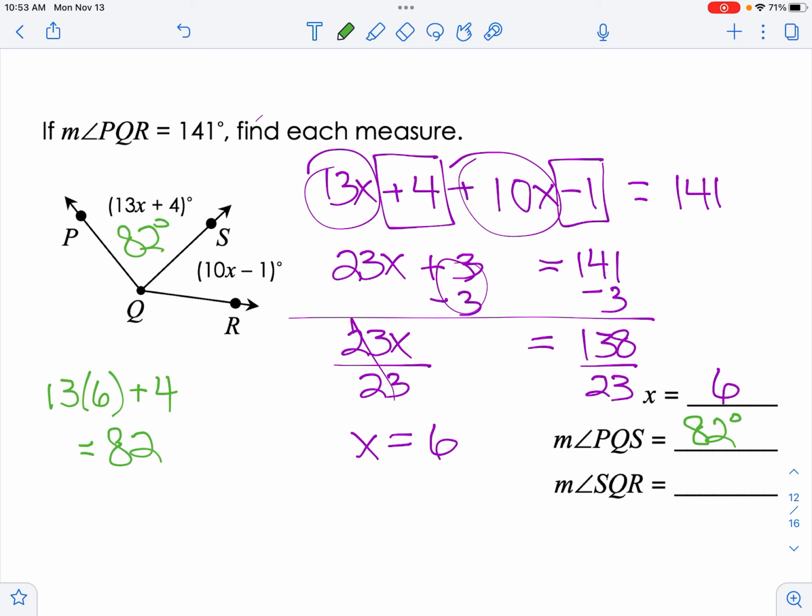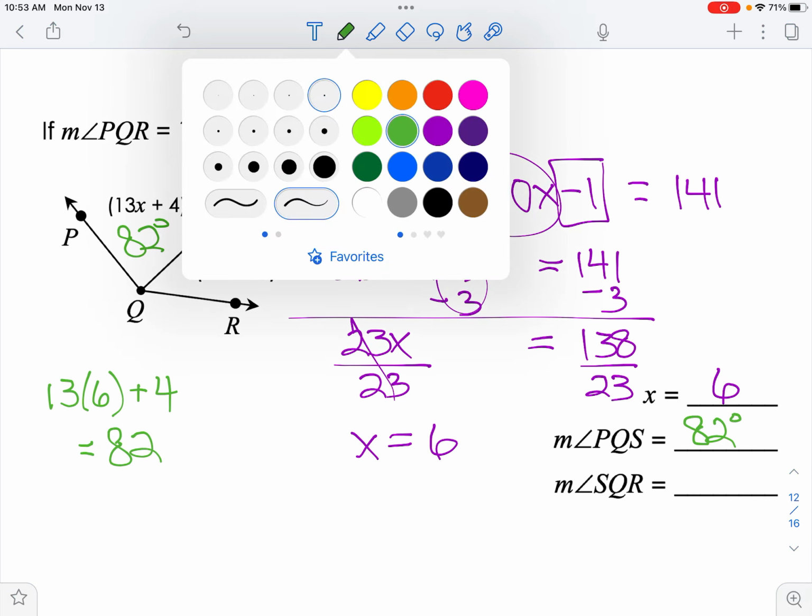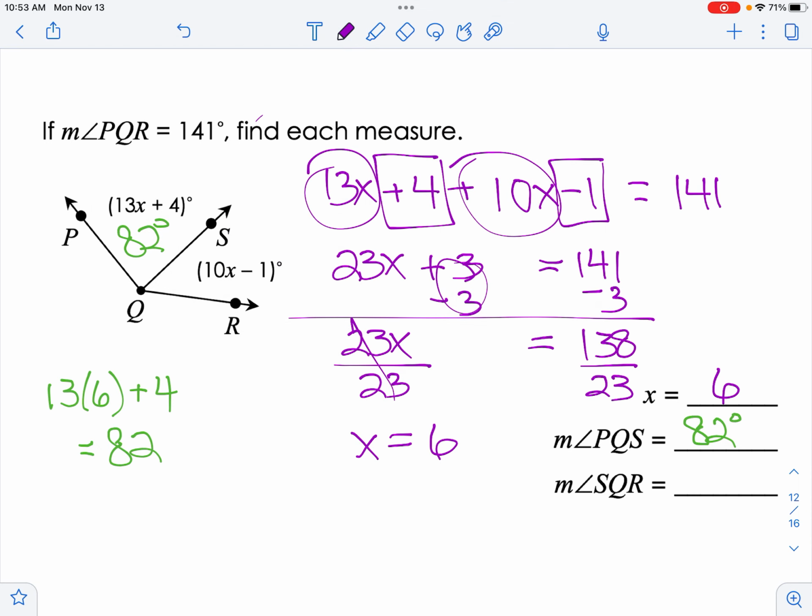Now you can do this next one a variety of ways. You could plug in for x and make sure you get the correct thing, or you could take 141 minus 82, whatever you feel like. I'm just going to plug in. We want to find SQR. 10 times 6 minus 1 is 60 minus 1, which is 59.